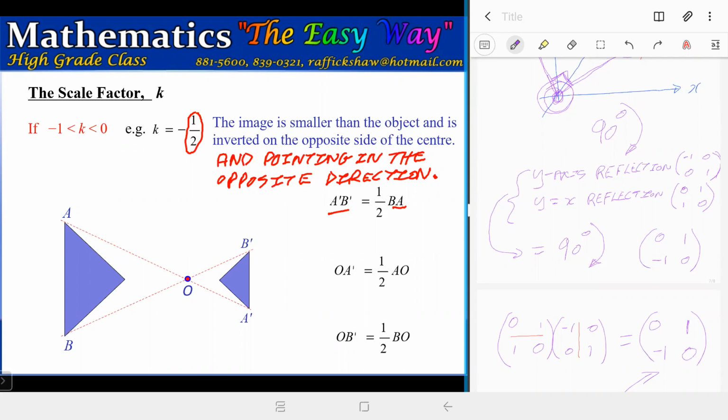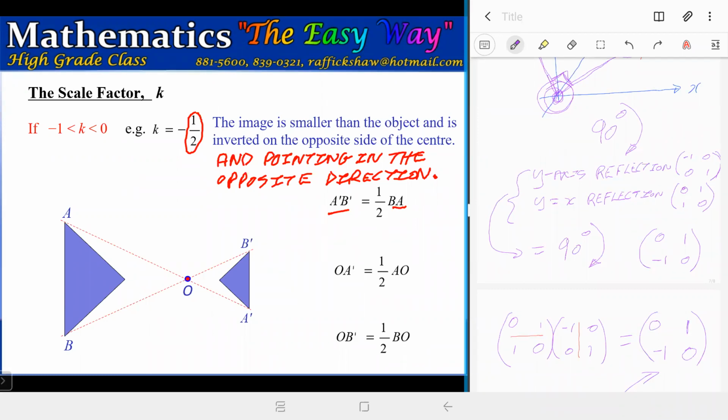If the scale factor value is greater than 1, like 2 or 3, 1.5, 3.5, any value greater than 1, I'm not talking about positive or negative now. If the value is greater than 1, the image is going to be larger by that amount.